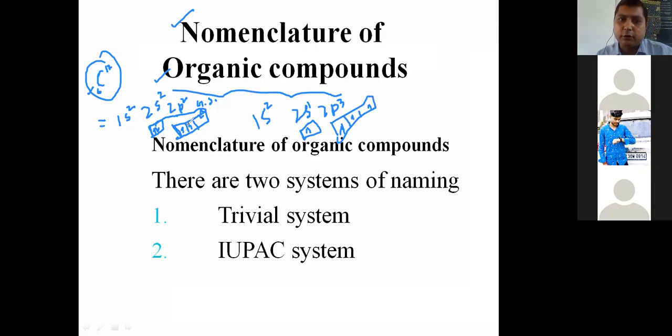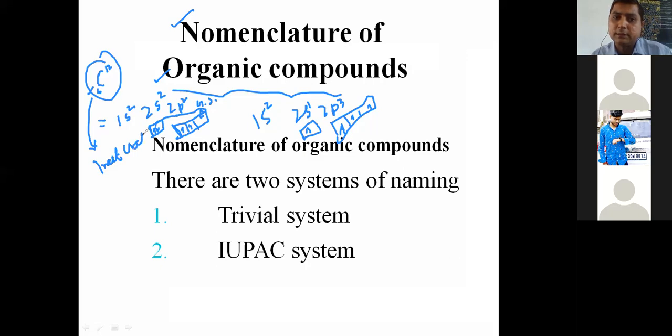To complete the octet of carbon, how many electrons are required? Every atom wants to complete its octet, because after the completion of its octet, its electronic configuration will be nearest equal to the inert gas. So every atom wants to achieve the electronic configuration of an inert gas.